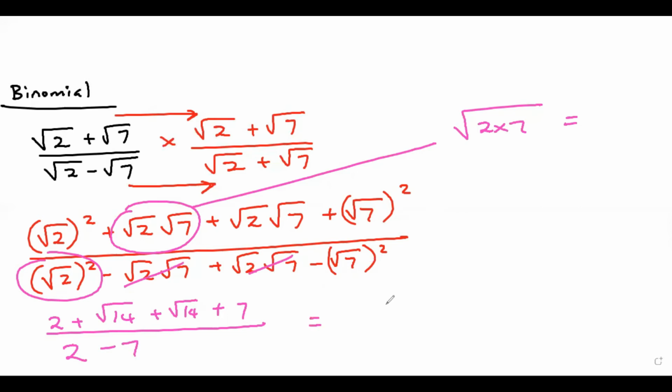So we'd have 2 plus, adding these together, we'd have 2 root 14 plus 7 over 2 minus 7, which is minus 5. So we'd have 2 plus 2 root 14 plus 7 over minus 5.